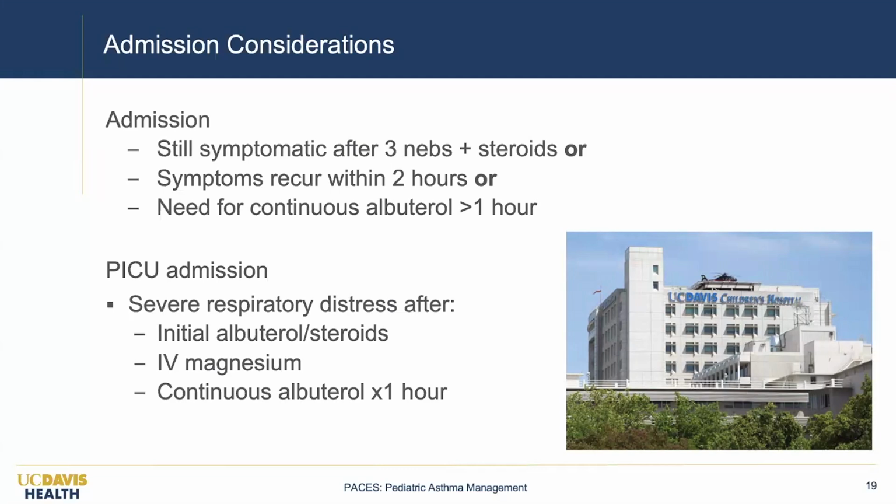Yeah, and I would add, one of the key components of taking care of these patients is having respiratory therapists involved who can help us monitor the patients and move their care forward. And so one of the goals of this pathway more long term is to move towards having some of these patients who require continuous albuterol but are stable and or improving to be able to transition to care on the floor.